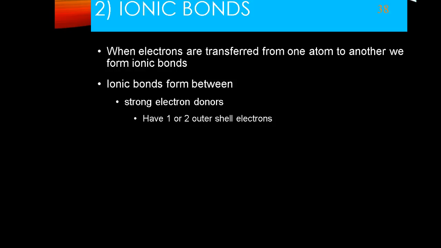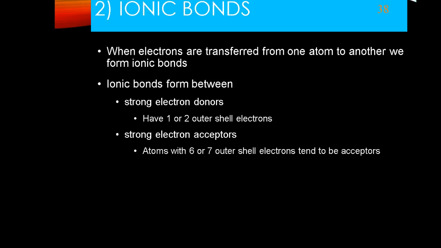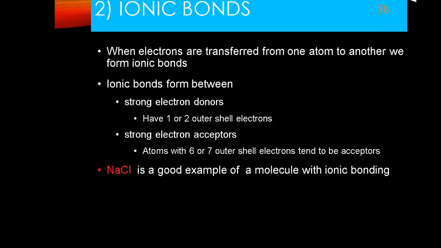So then that tells us that a strong electron acceptor would have 6 or 7 electrons in its outer shell. Okay? So as an example of ionic bonding, we want to look at table salt, sodium chloride.